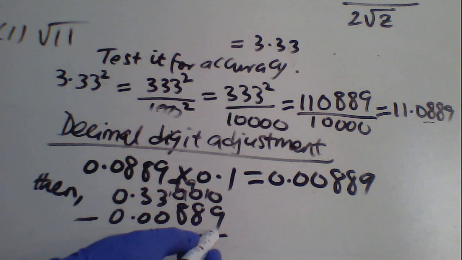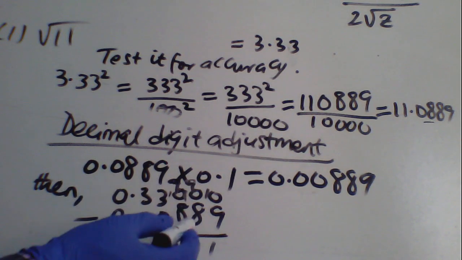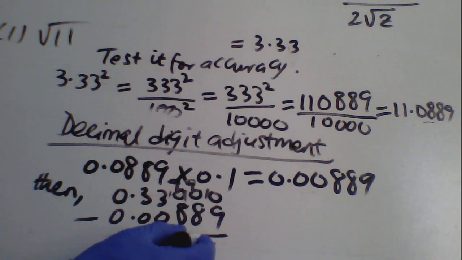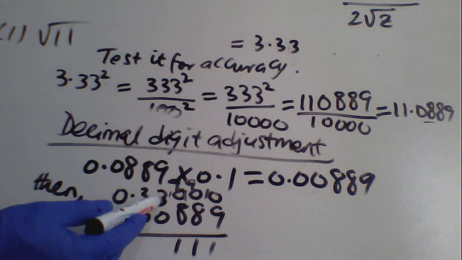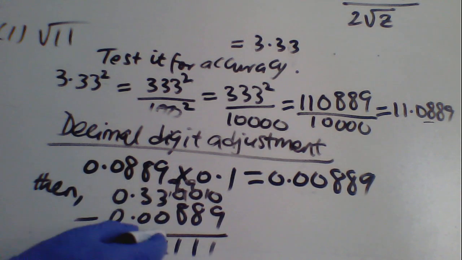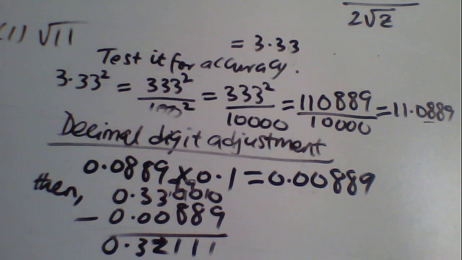10 minus 9 will give us 1. 9 minus 8 will give us 1. 9 minus 8 will give us 1. Remember, you carried 1 from 3, so what is left is 2. And then you write 3.0. So when you do this decimal digit adjustment, this is the final answer you got.